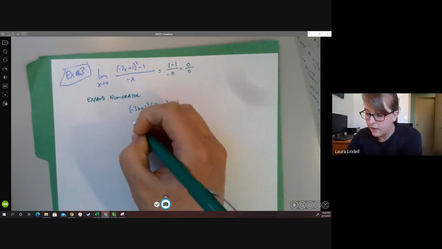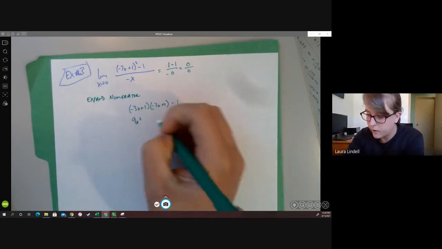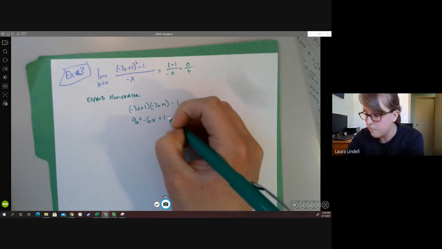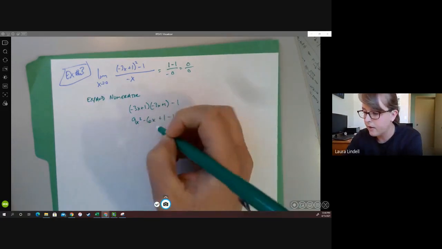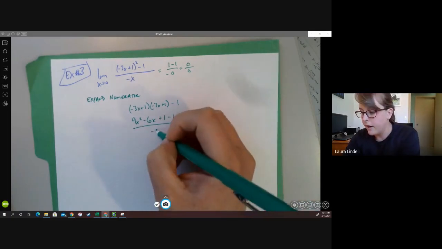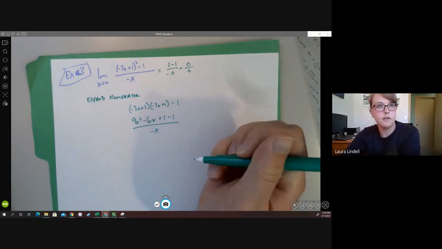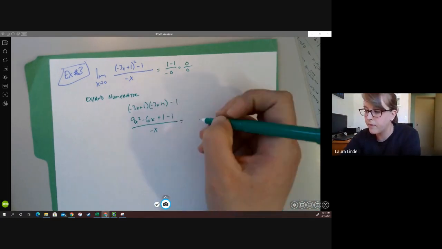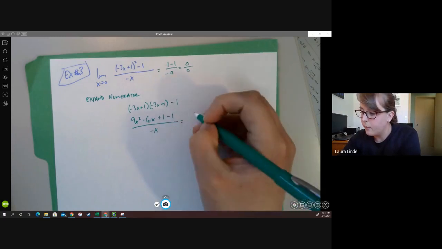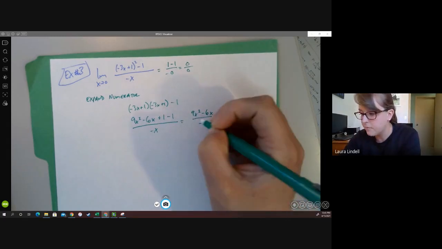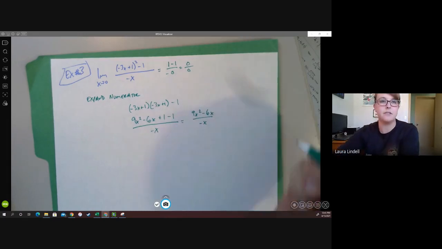So we end up with, let's see, 9x squared minus 6x plus 1 minus 1. And it's still all over negative x. Okay, so let's simplify a little bit further here. And we get 9x squared minus 6x over negative x, because plus 1 minus 1 cancel each other out.